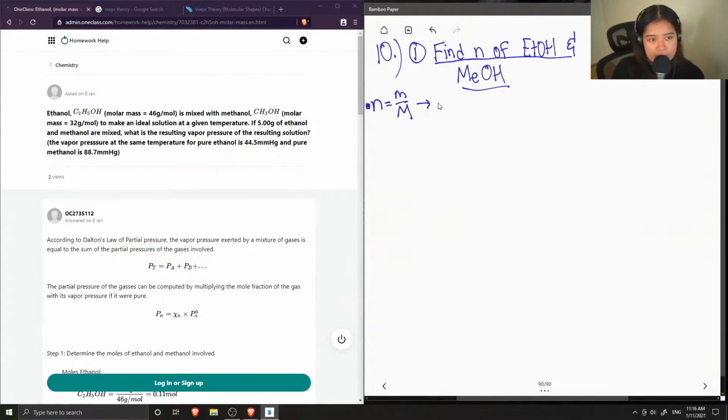So the number of moles of ethanol, both of them were 5 grams. So it's going to be 5 grams divided by its molar mass, which is 46 grams per mole, which is equal to 0.11.